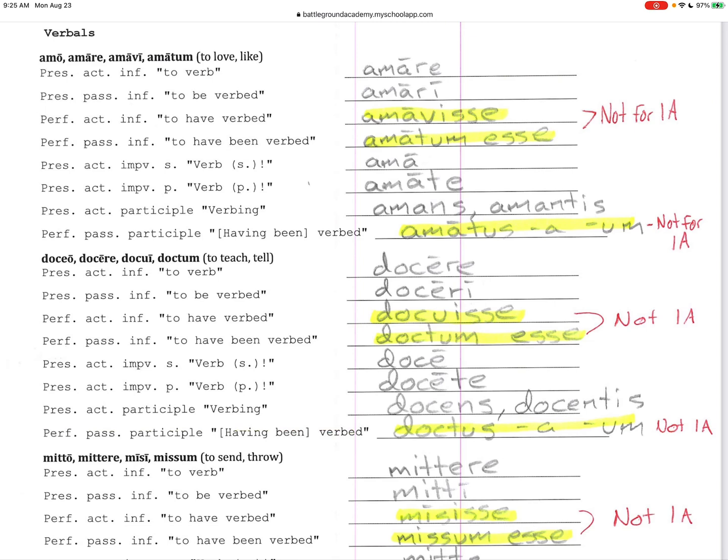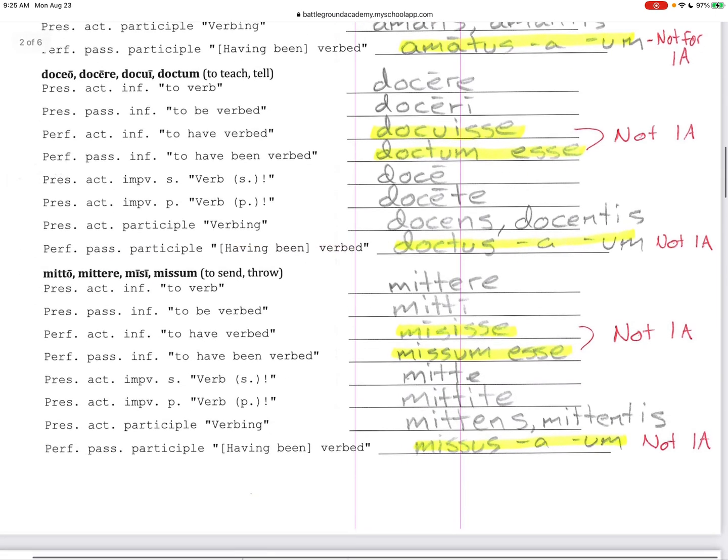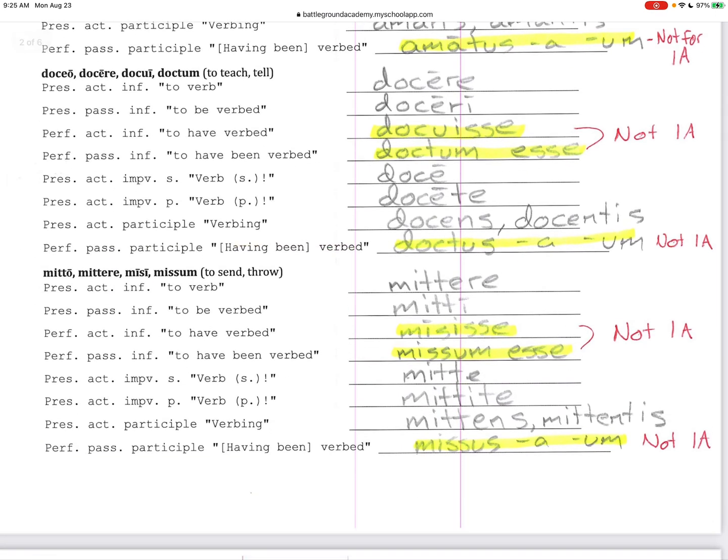On the very last blank, the perfect passive participle, you might remember I said that the fourth principal part, amatum, is the perfect passive participle, and so it is. So if I go amo, amare, amavi, amatum, last one, amatum, that is the neuter form of the perfect passive participle. So if you go down to the last blank here for this verb, I've got amatus, a, um.